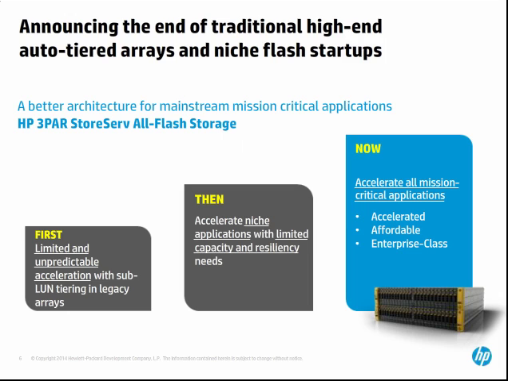If we just quickly recap what's happened in the history of flash, typically we started with individual applications, like just one high-performance application. It might be an SAP, it might be an Oracle application.